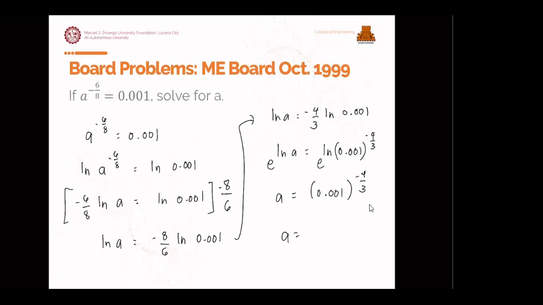A should be equal to, input ulit para alam ko lang na marunong talaga mag-calcu ang mga fourth year. That should be the answer. 10,000 po, sir.